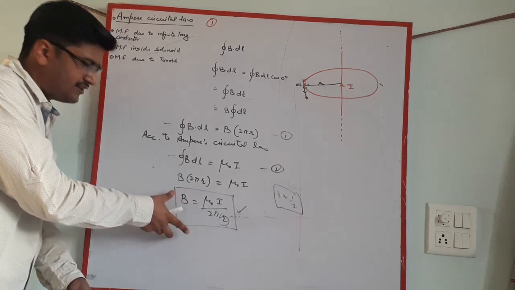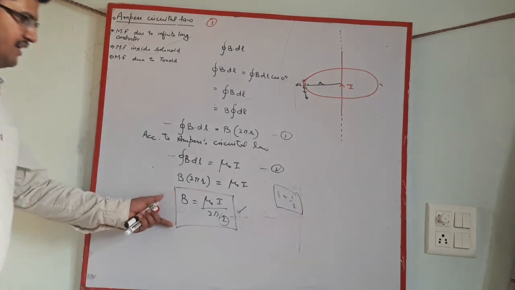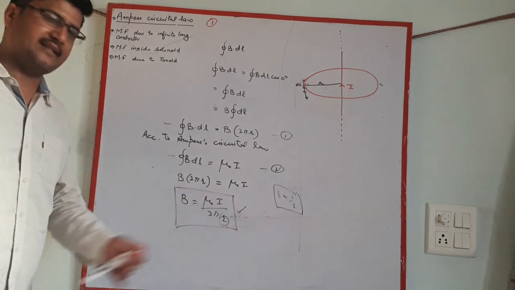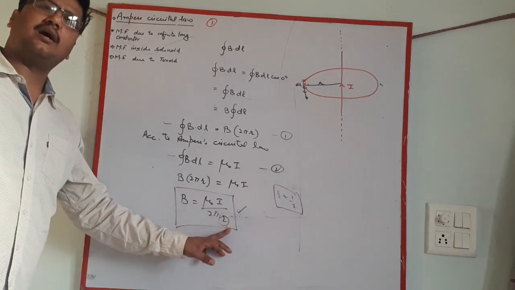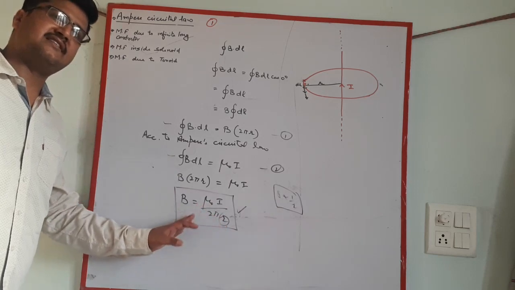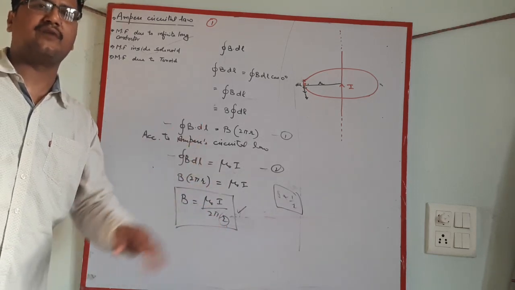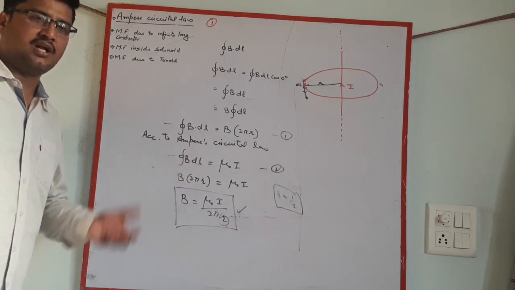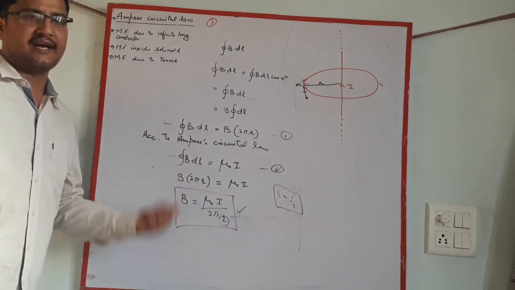These are the certain points of conclusion which we can draw from this relation, B is equal to mu naught I upon 2 pi r. For the same r, B is the same. That means for a circle, every point has the same B. Second, the direction of the magnetic field is tangential at every point on the circle, and the direction is given by the right hand thumb rule.